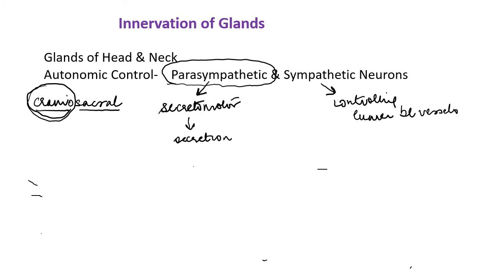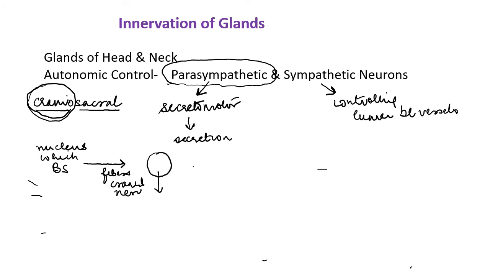So it arises from some nucleus which is present in the brainstem. From here, the fibers will travel in a cranial nerve and reach a ganglia. Now, this ganglia is going to be situated close to the gland, right?